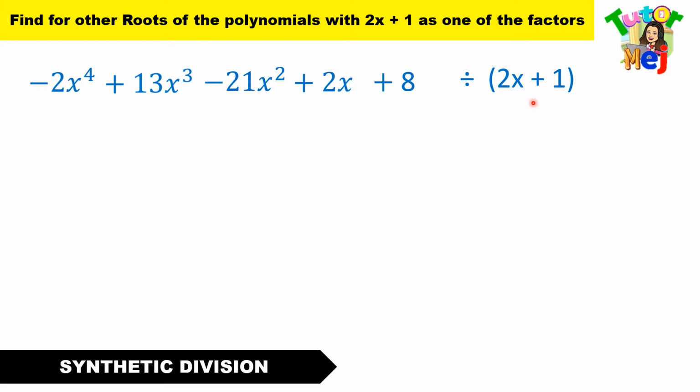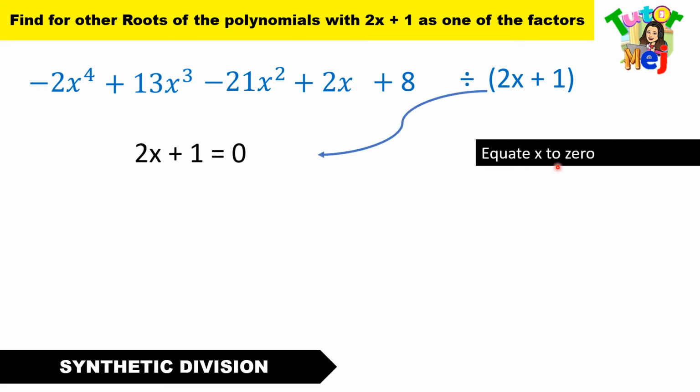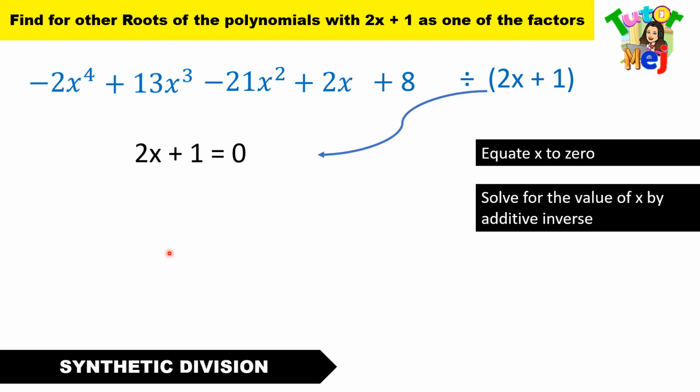Now, the next thing we will do is to equate our 2x plus 1 to 0, the divisor, so that we will be able to get the first divisor in our synthetic division. Okay, next step is to solve for the value of x by additive inverse.